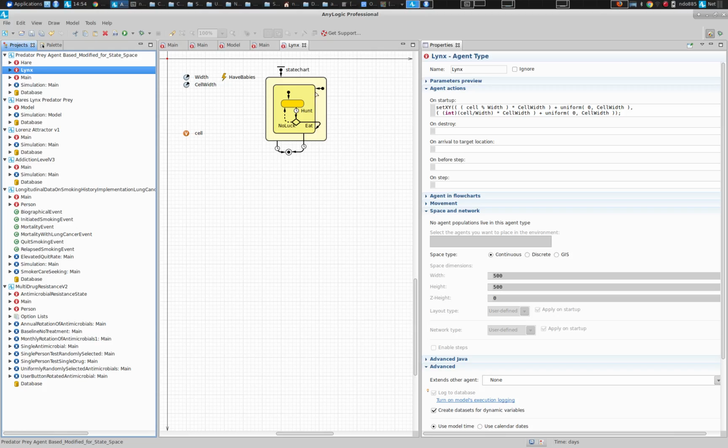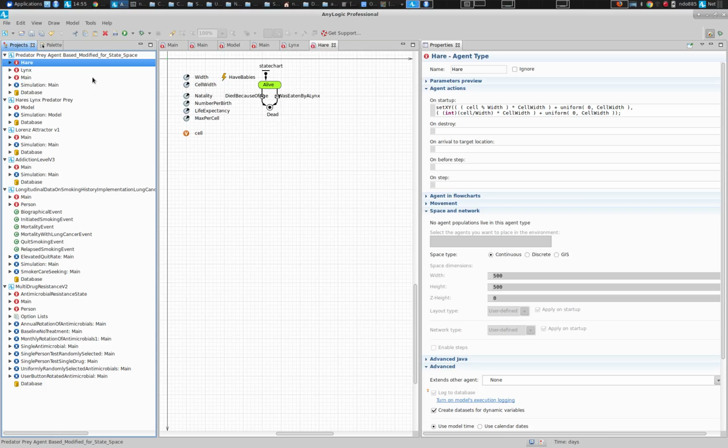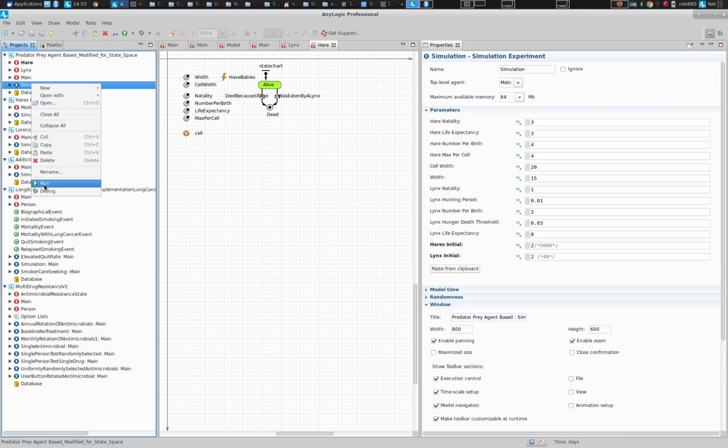Eating brings them out of this state and back into it, which means they're not subject to this timeout. If they reach a timeout while staying in the state without eating, they die. Hare's job in life here is even simpler. Their job is to be alive and to have babies. It's a very, very simple life cycle.